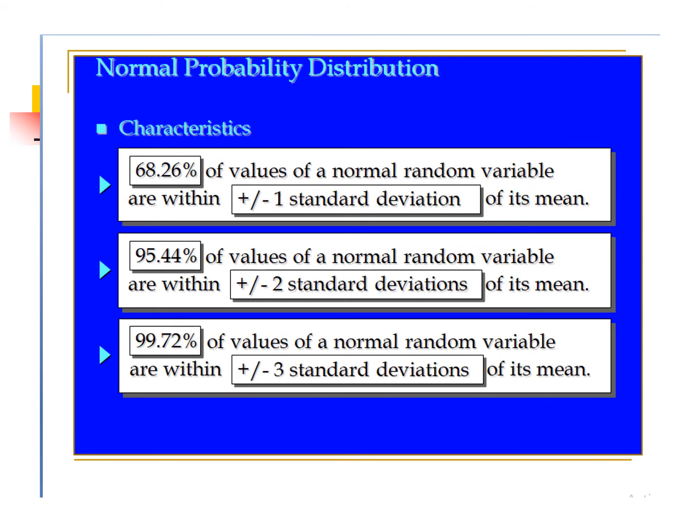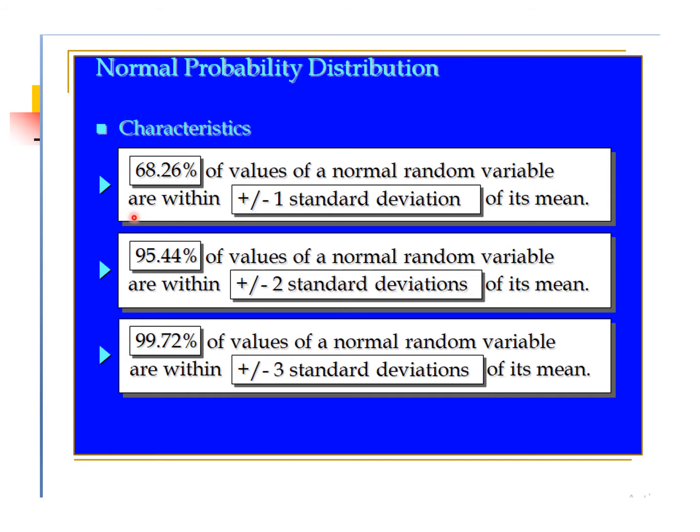The 68, 95, 99.7 rule is a great way to approximate the areas of the normal distribution, and it works for any normal distribution no matter what shape and size.